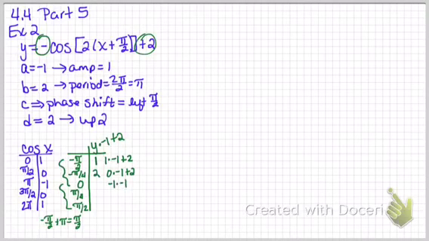Negative 1 times negative 1 is 1, plus 2 is 3. Then 1 times negative 1 is negative 1, plus 2 is 1... sorry, the next one was supposed to be a 0. 0 times negative 1 is 0, plus 2 is 2. And then we had 1 times negative 1, which is negative 1 plus 2, which is 1. Alright, so I have my ordered pairs, and now I can do my graph.